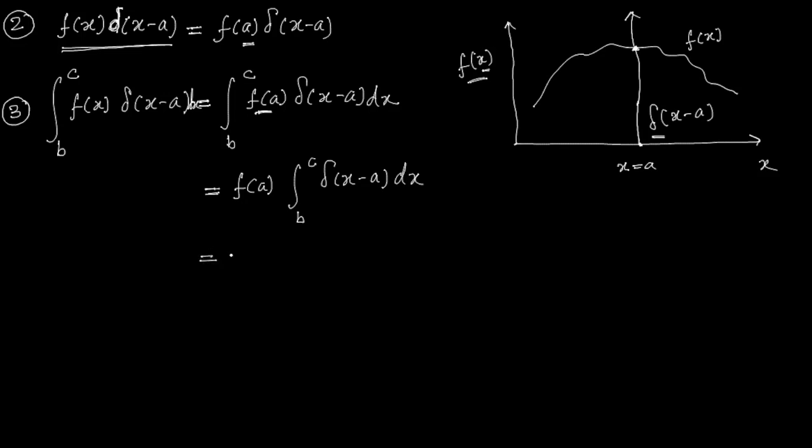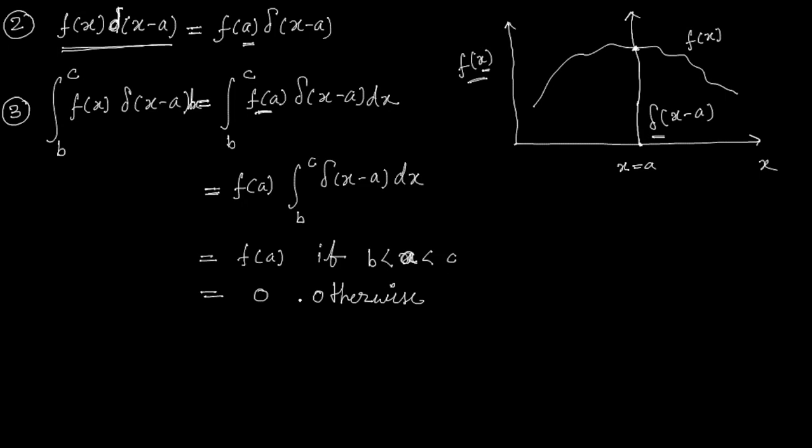So finally we get f of a if a lies between b and c, otherwise we get 0.